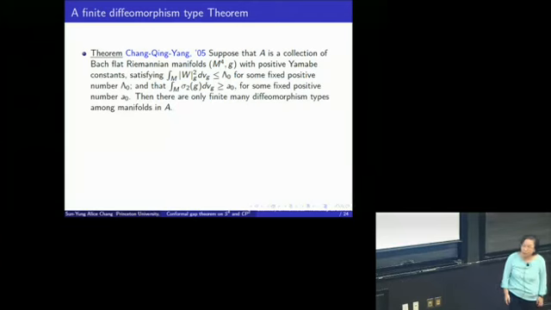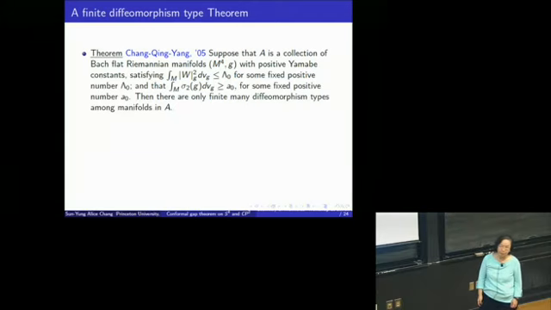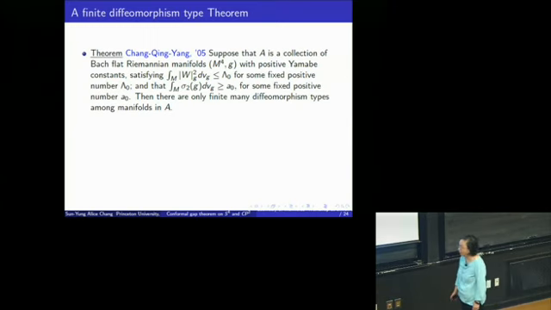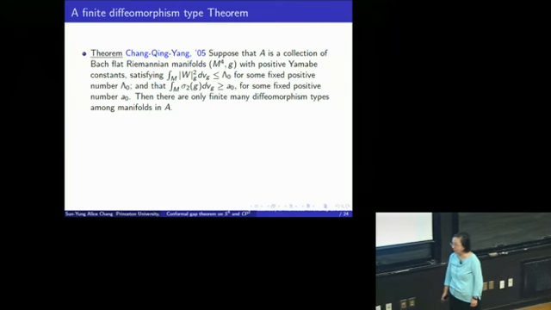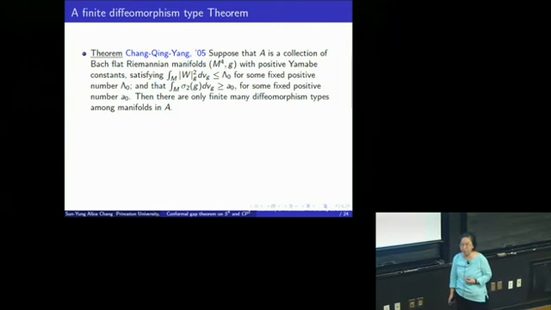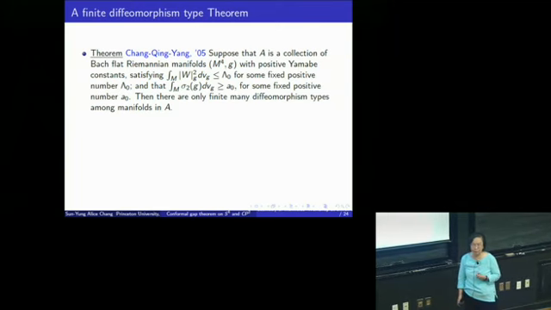The work we are interested in is the finite diffeomorphism type result. Theoretically speaking, we are mostly interested to see, under this constraint, the Yamabe constant positive and the invariant constant sigma 2 positive, whether there is only a finite diffeomorphism type result.